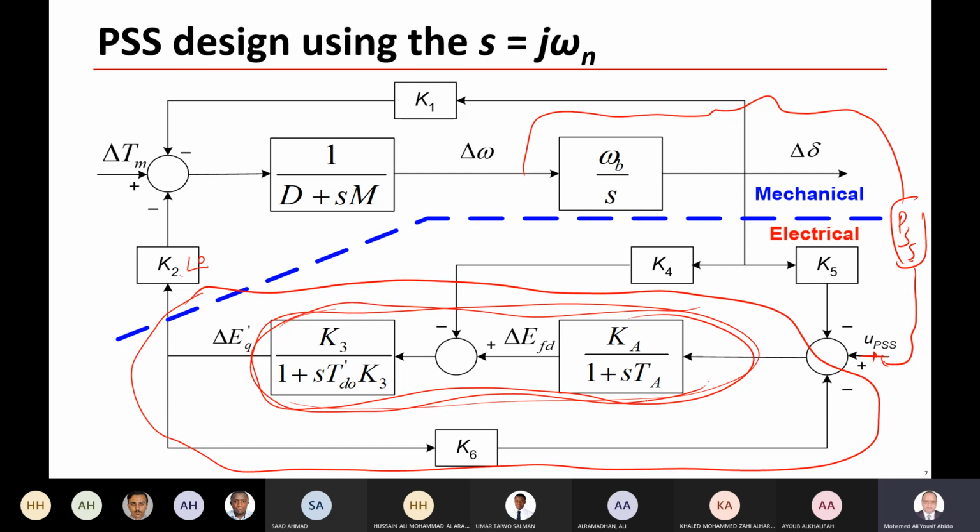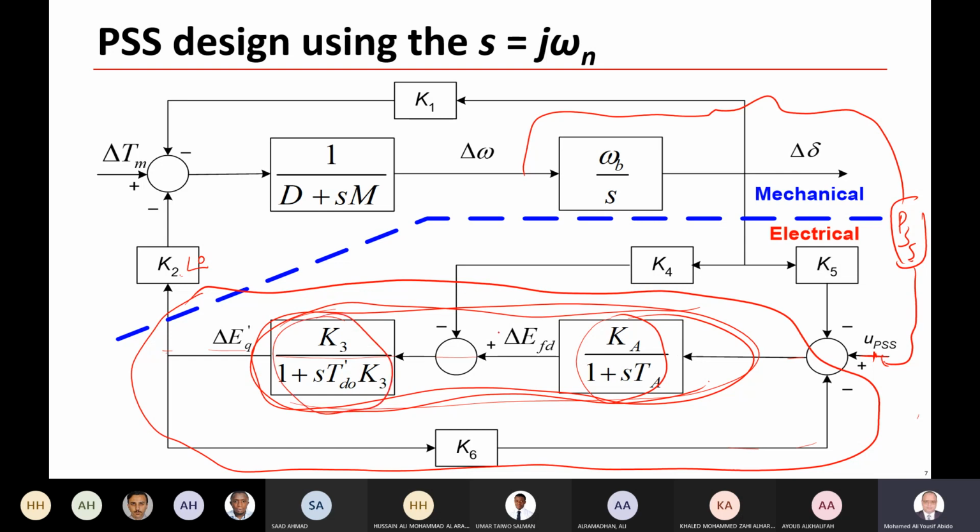So can we reduce this block diagram? You have the signal here as input. The signal will go this way right away to here, and we have here a negative feedback through K6. So can you get the transfer function of this part of the block diagram? This will be multiplied by this.